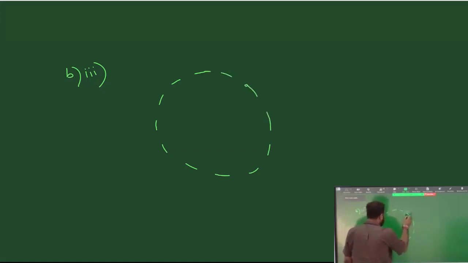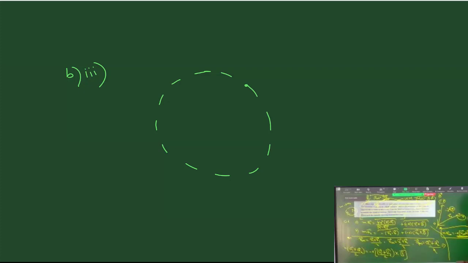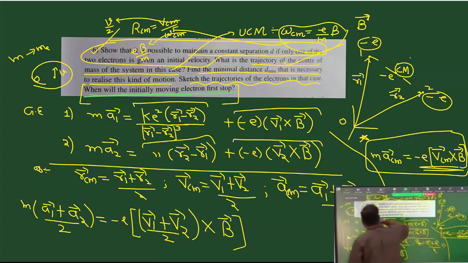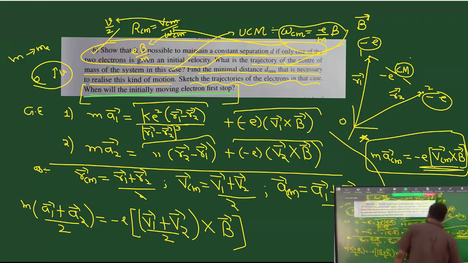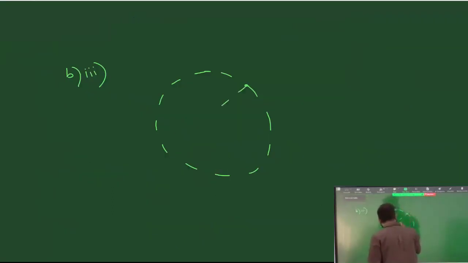The center of mass was moving on a circle whose radius I calculated for the second part, and that came out to be RCM. I even calculated the value: it came out to be EVB by twice of M. So let it move on that circle with some omega CM and the respective radius.